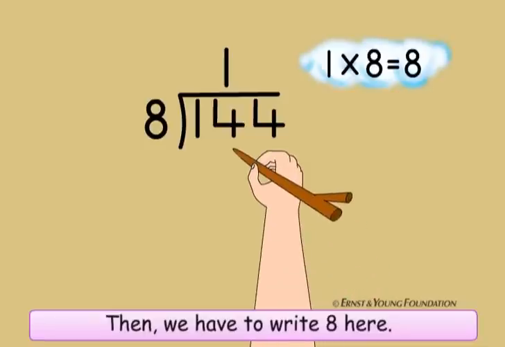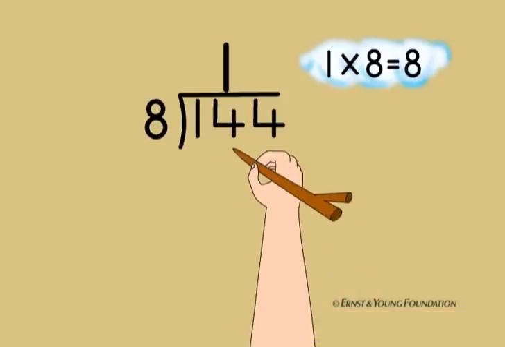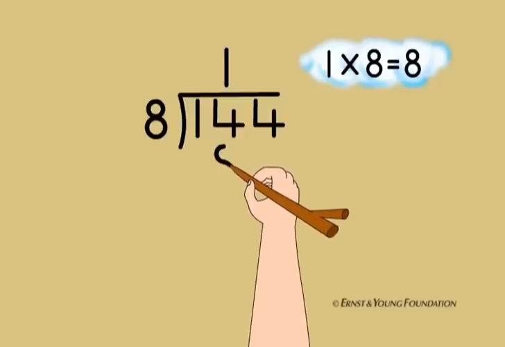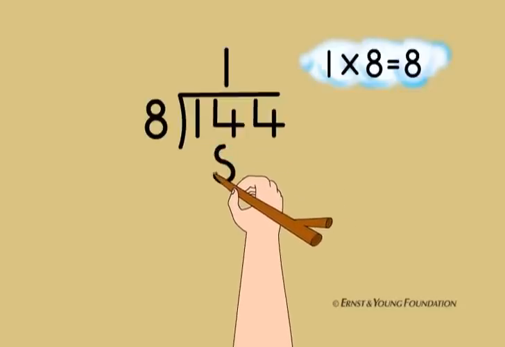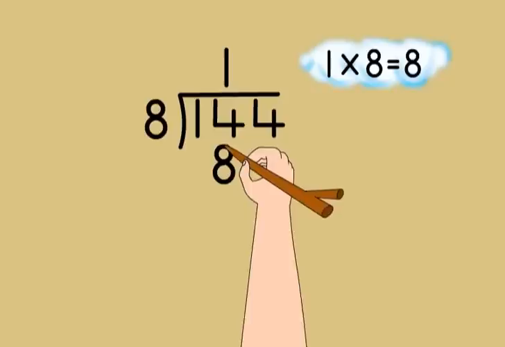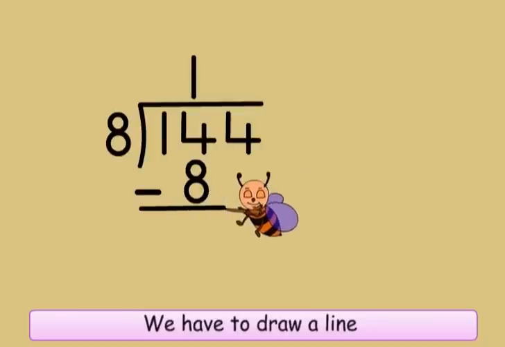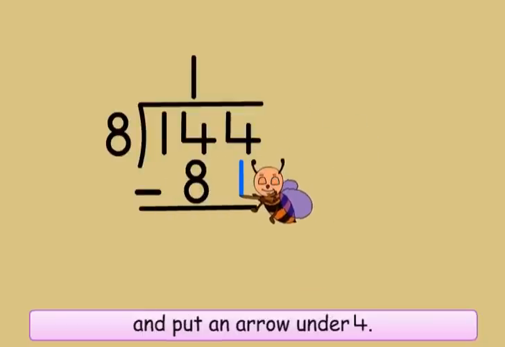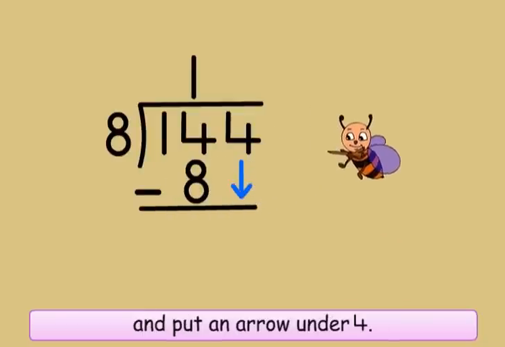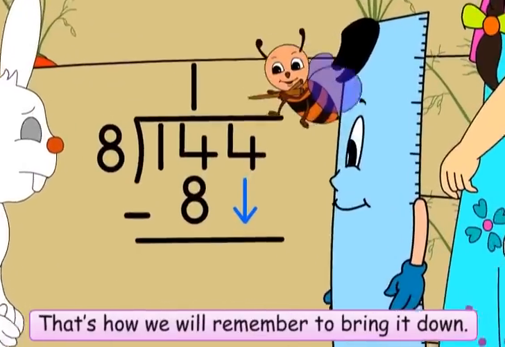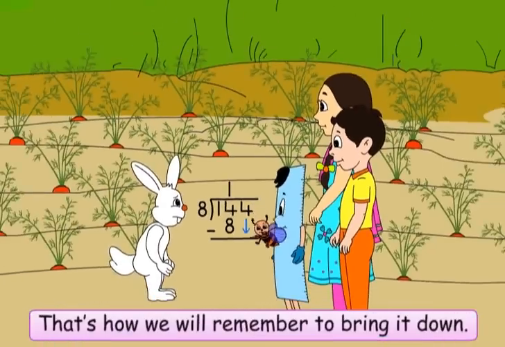Then we have to write 8 here. What should you do now? We have to draw a line and put an arrow under 4. That's how we will remember to bring it down.